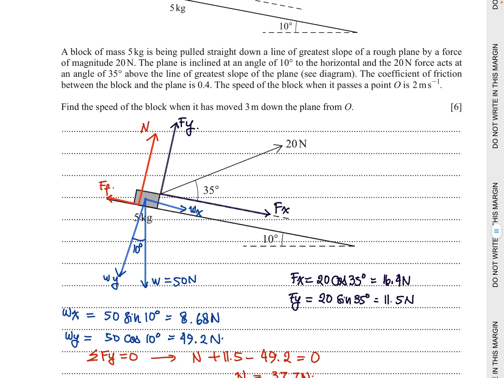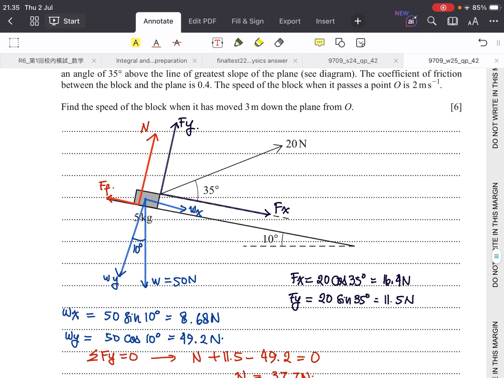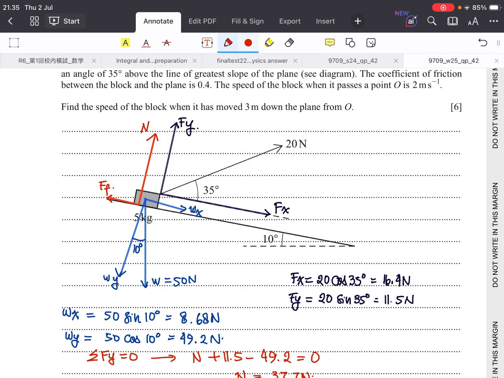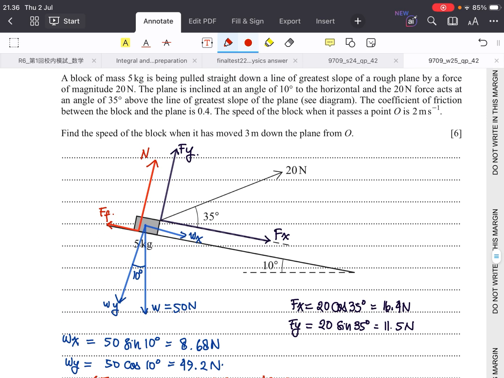So first of all, let us complete the free body diagram with the forces that act on the block. So in addition to this force, we also have weight. The weight of the block is 50 newtons, 5 times the gravity.